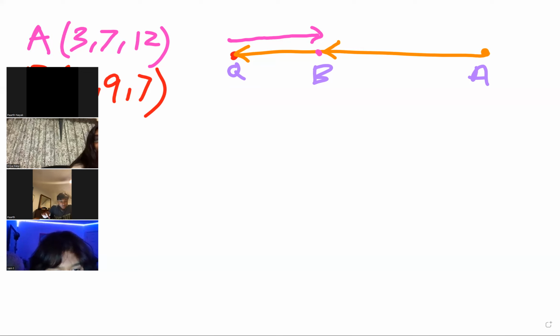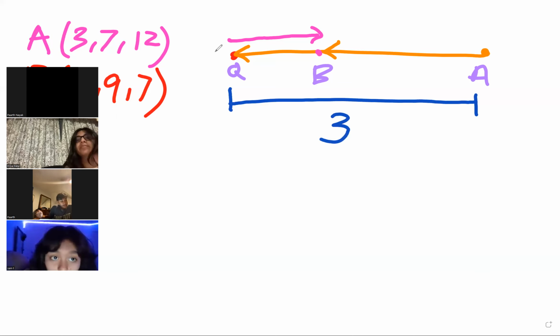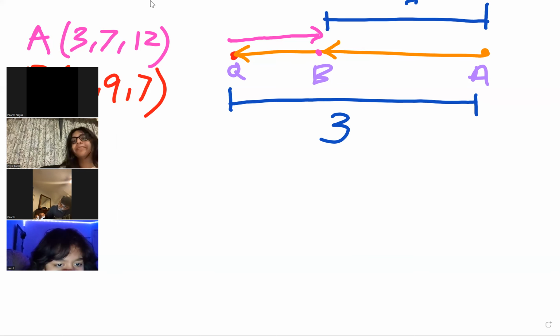So we said 3:1, right? So that means that the whole thing, AQ, is 3, right? And that would mean that AB is 2, right? And then the other part, QB or BQ, however you want to say, is 1. And so that's exactly what this problem said before. So once again, I think establishing that relationship is helpful.